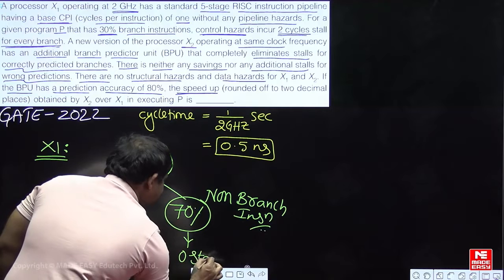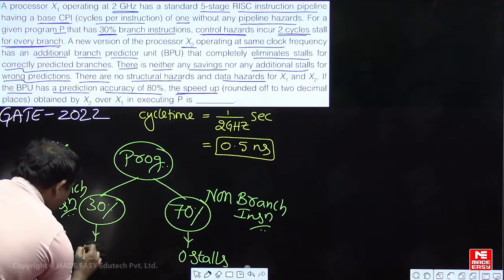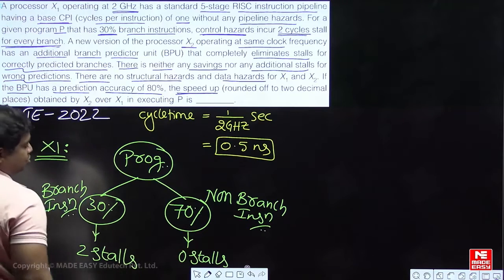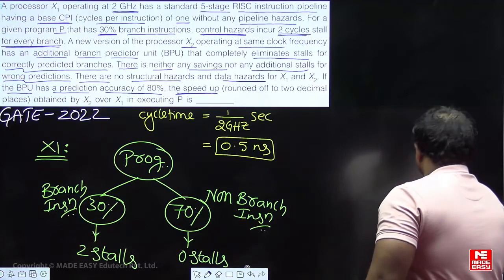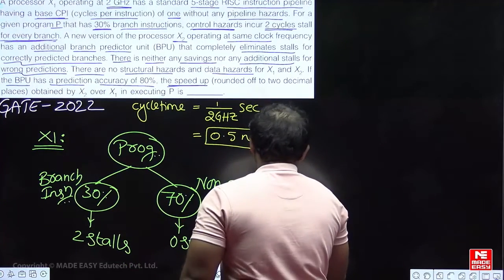Only branch instructions are creating the stalls. In the question, 2 stalls are given. A branch instruction creates 2 stalls. These are the X1, old computer, characteristics.